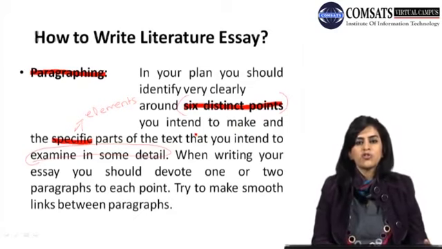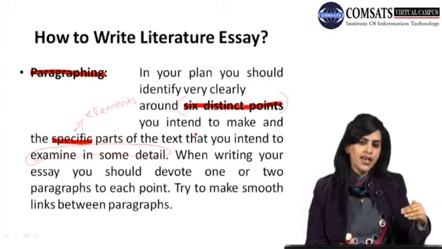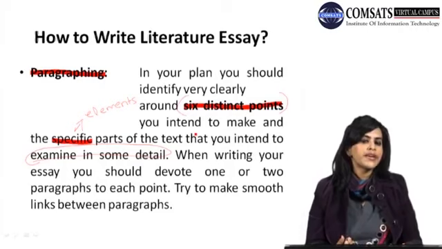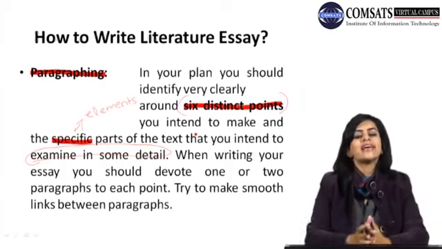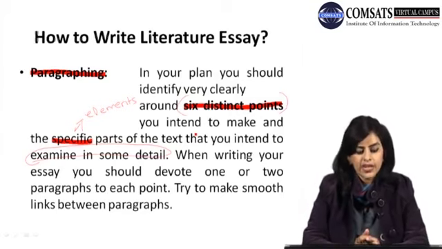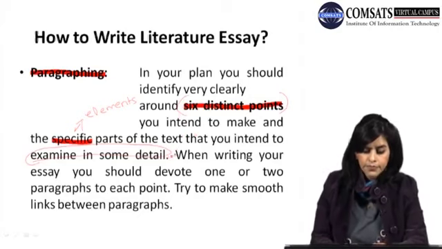It means you are supposed to divide your literature essay by providing 6 different supporting details in different paragraphs. So there should be at least 6 basic arguments to be discussed in your literature essay when you want to pick one for writing a good essay.